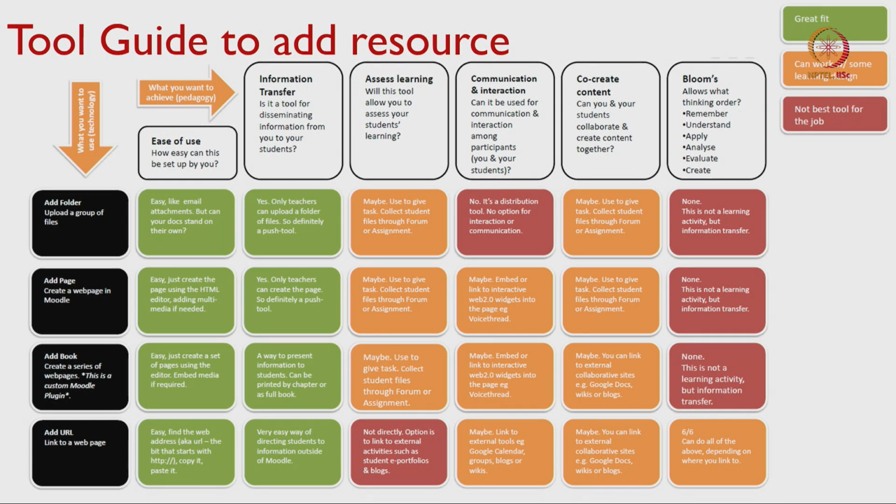So, the rows will describe what that particular tool will be able to achieve in the form of pedagogy, and column-wise will give you how easy it is to use, whether it is for information transfer, whether it is going to assess any learning, or is it for communication and interaction, is it going to achieve any Bloom's taxonomy level. That will be available in this table. You can use this one and select which particular tool you want to add.